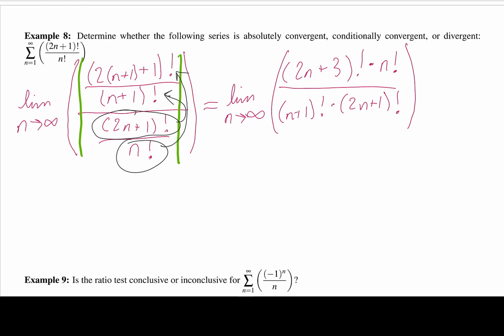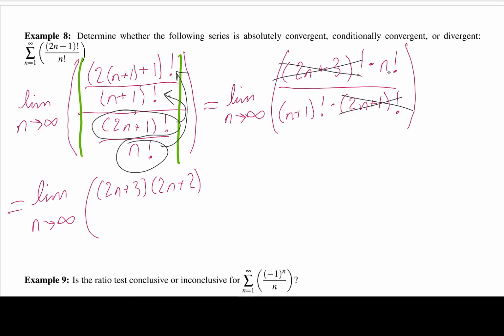So let's go ahead and make that algebraic substitution, manipulation, magic, whatever you want to call it. So this is going to be 2n plus 3 times 2n plus 2. And that'll get rid of our 2n plus 3 factorial divided by 2n plus 1 factorial.